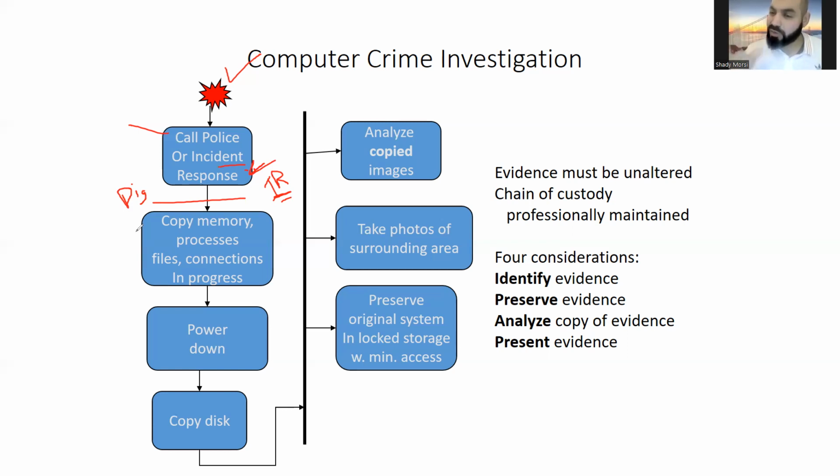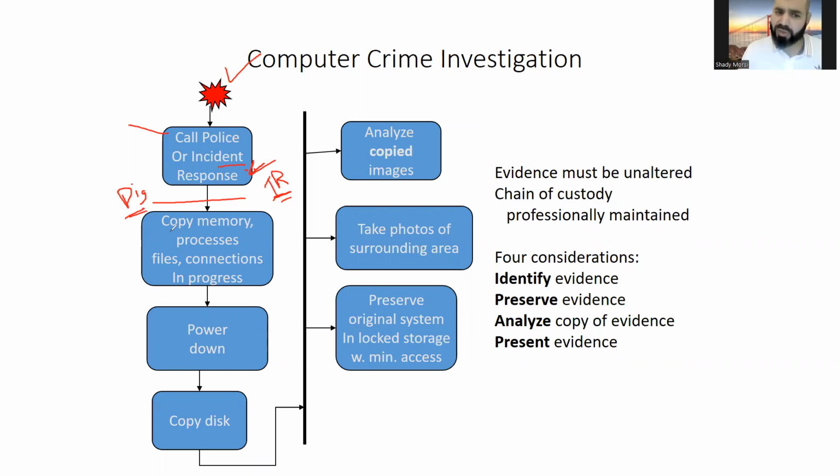He will take the memory that exists in the system right now, because he wants to investigate what happened. His investigation will later help the company say what happened exactly in this system. Can we go after the criminal? How can we prevent this incident from happening in the future? His investigation can help the company fortify their system and make it more resilient.